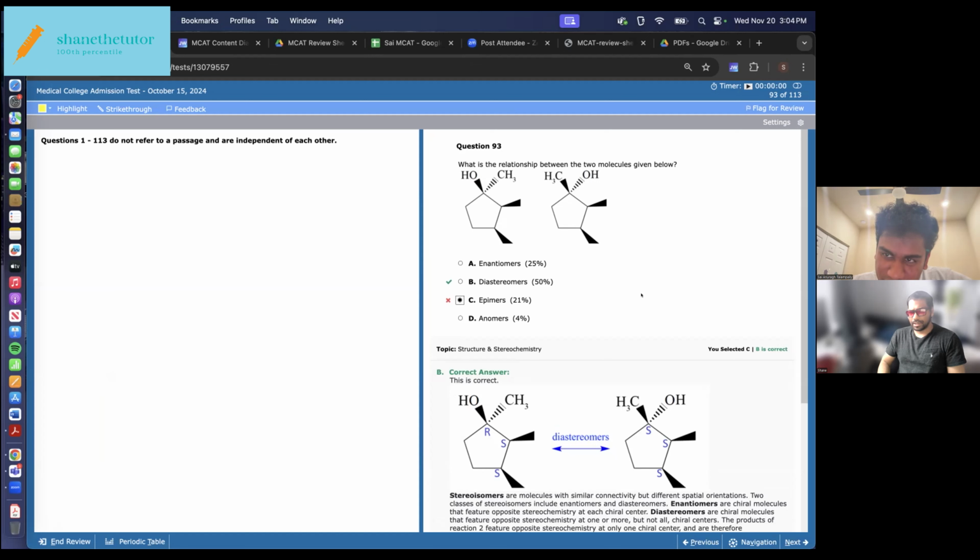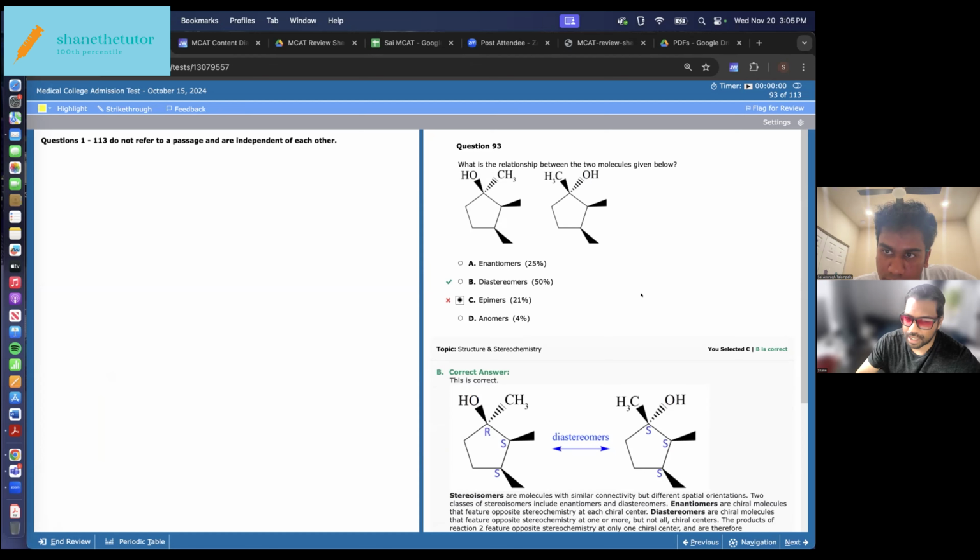So tell me what enantiomers and diastereomers are. Enantiomers are essentially mirror images of each other, so the molecules have all their chiralities switched: opposite stereochemistry at every chiral carbon. Yes, that's a better way to put it.